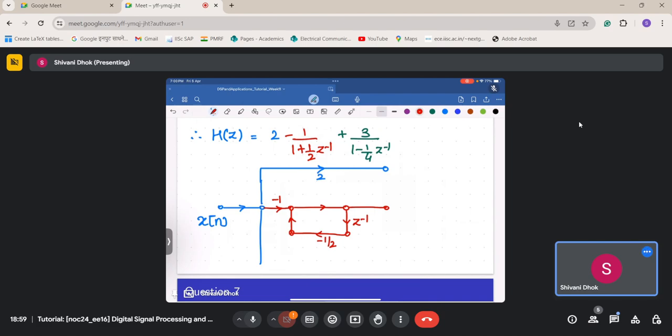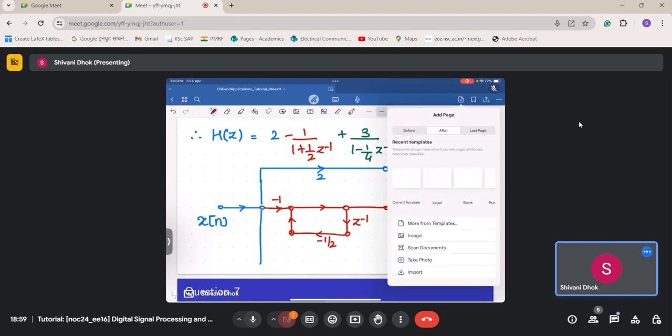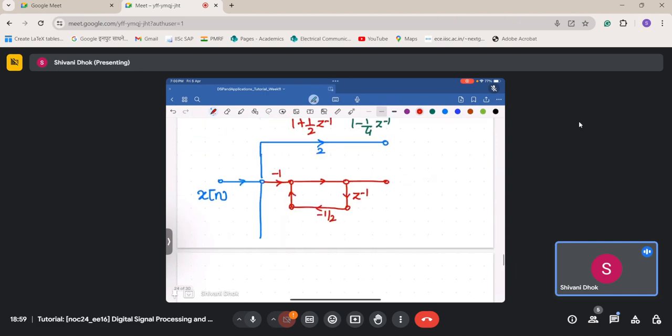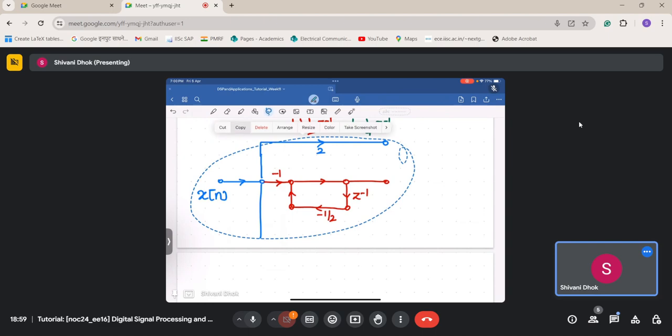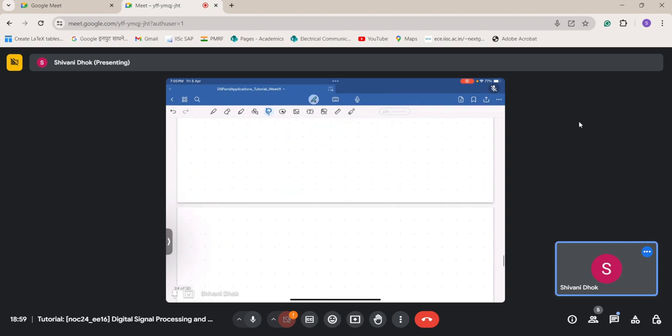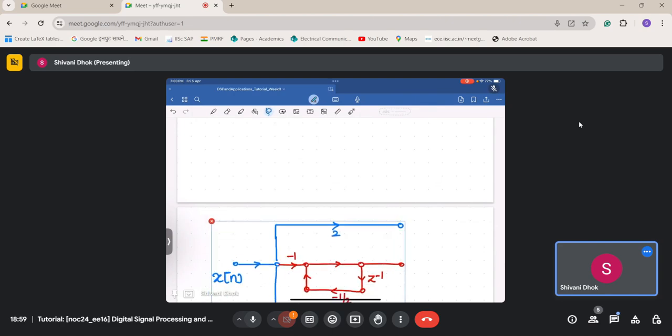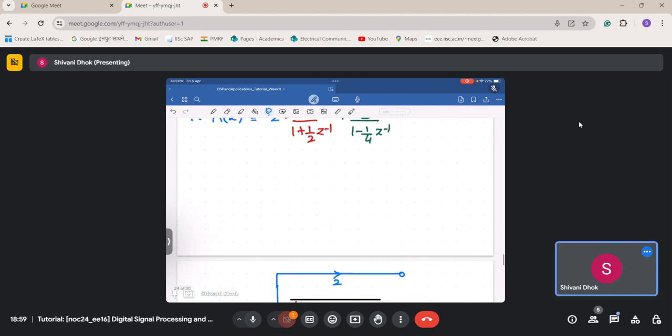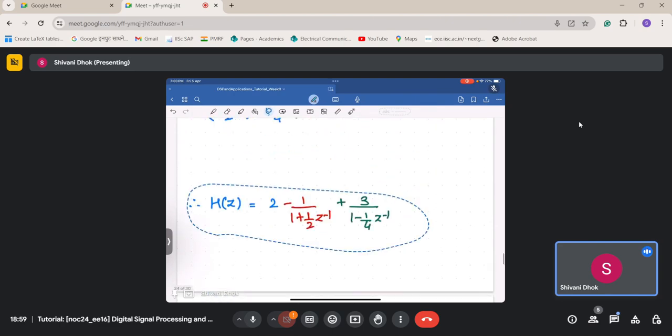So this is this red term. So let me just take this diagram to the next page. And this is what we are realizing.